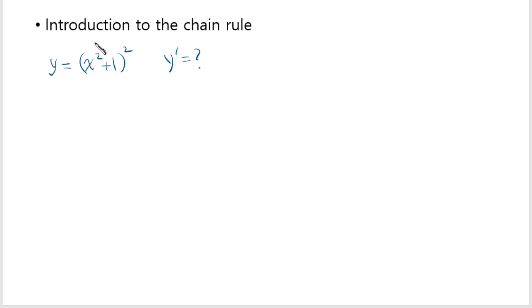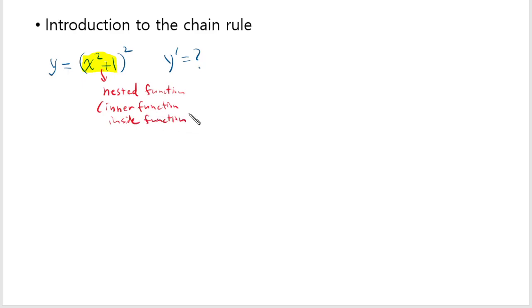So if you look at here, this highlighted part, this is what we call nested. It's a nested function, and another name people often use is inner function or inside function.